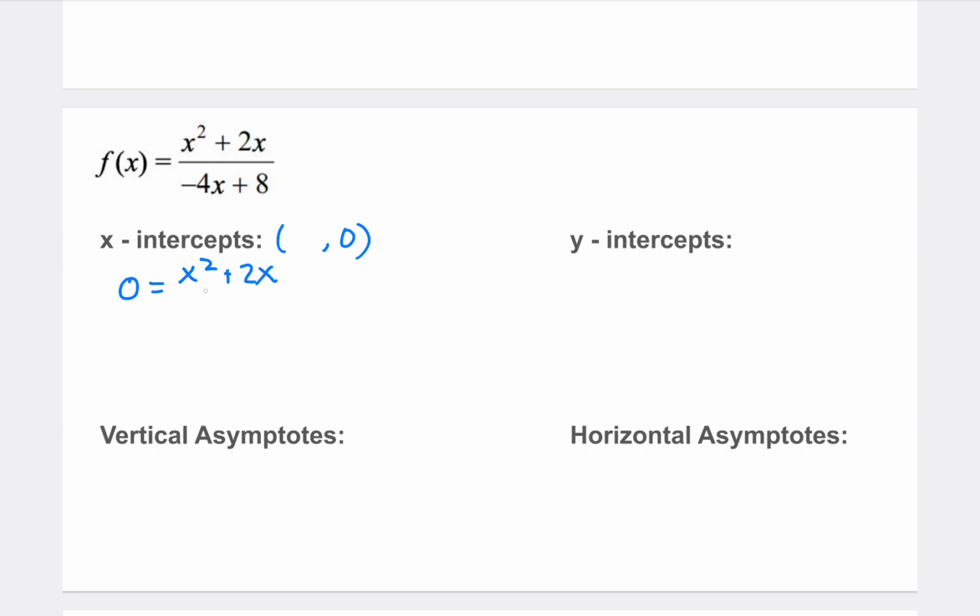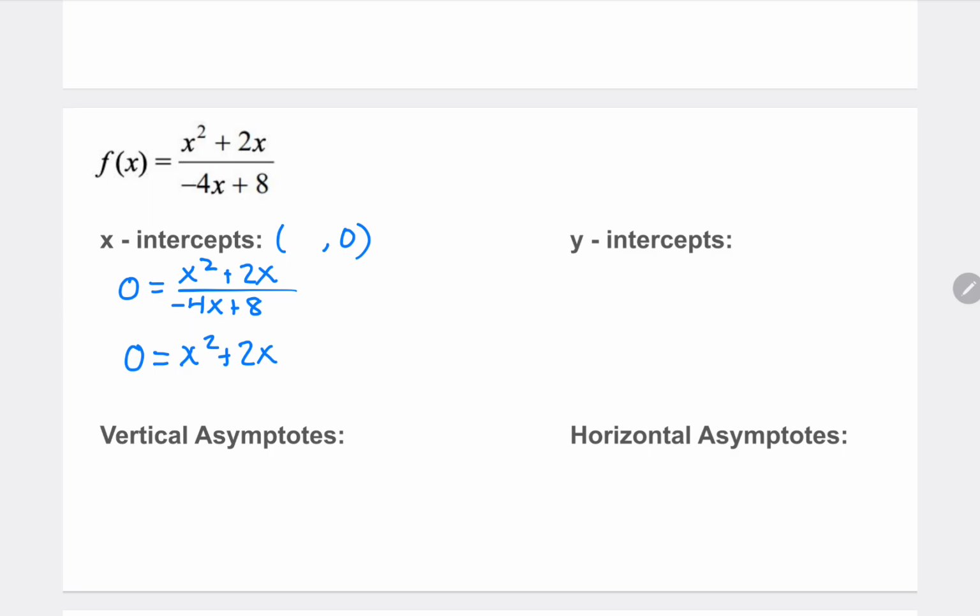And because these are rational functions, you can always start by multiplying both sides by the denominator. If I multiply both sides by negative 4x plus 8, negative 4x plus 8 times 0 is just 0. So really you don't have to mess with the denominator at all. To find the x-intercepts, you really only have to set the numerator equal to 0.